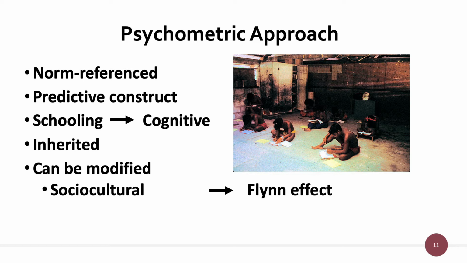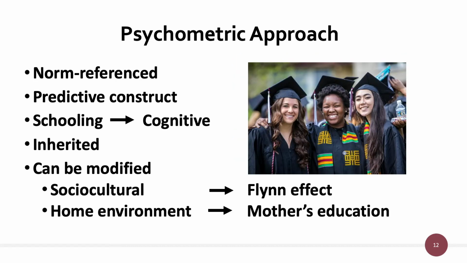For example, the young people in this picture are 8th grade students taking a test to see who can go on to high school. This is substantially different from the conditions that most of us had when we were in middle school. A second factor is the home environment, with such factors as socioeconomic status of the family, the level of the mother's education, and the amount of reading material in the house as important contributors.